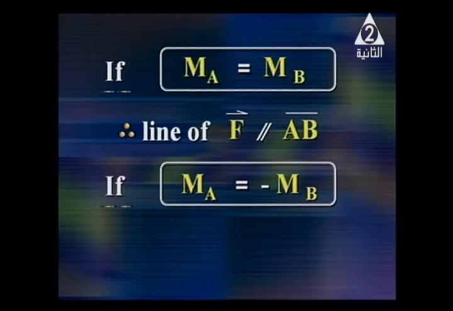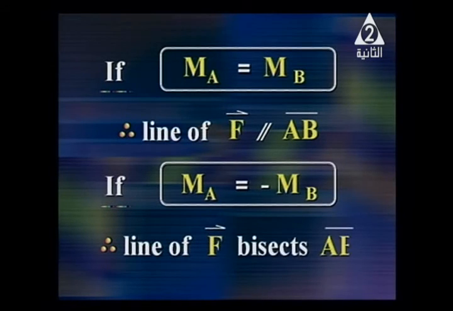Number two: if we find MA equals negative MB, the moment about B equals the negative of the moment about point A, what do you deduce? Yes, we deduce that the line of the force F bisects the line segment AB. Remember, dear student, the two remarks are important. To prove that the line of the force is parallel to AB, we must prove MA equals MB.